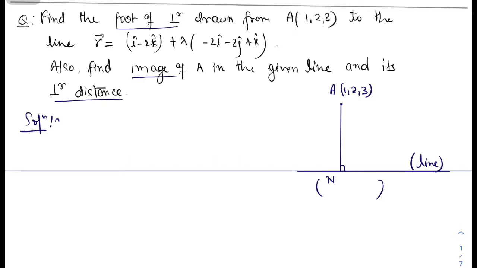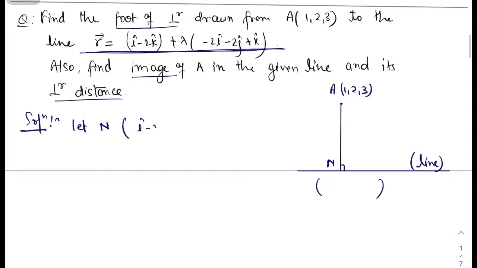So let us first consider this foot of perpendicular, that is N, as any general point on the line. This is the given line, so I can take i minus 2k cap plus lambda times (minus 2i minus 2j plus k cap). So this is our foot of perpendicular.